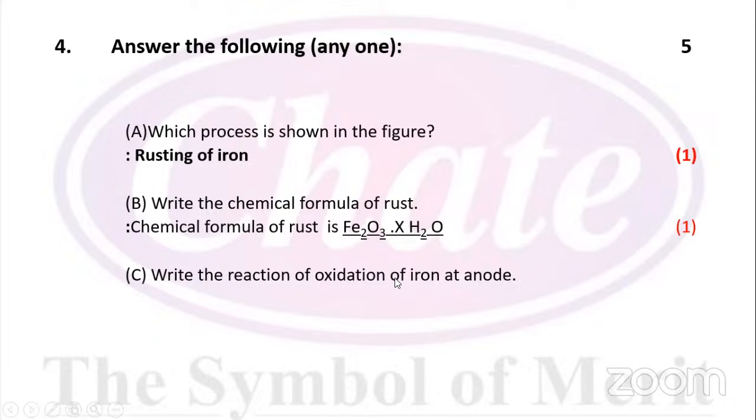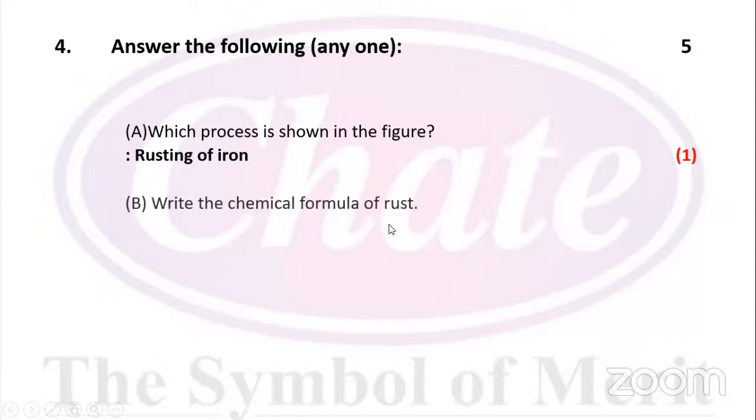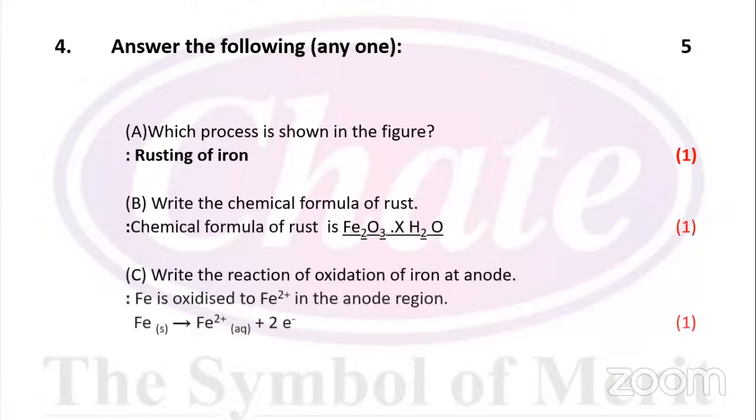Write the reaction of oxidation of iron at anode. So you have to write down what happens at the iron anode. Here you have to identify which is the cathode part and which is the anode part, and from that you write down the answer. Fe is oxidized to Fe2+ in the anode region.